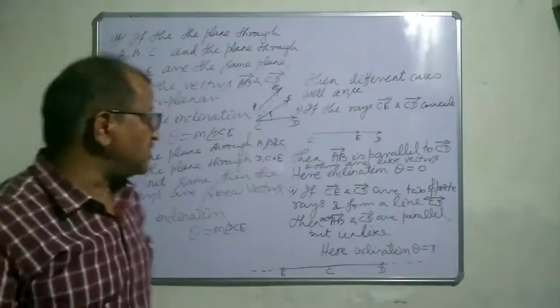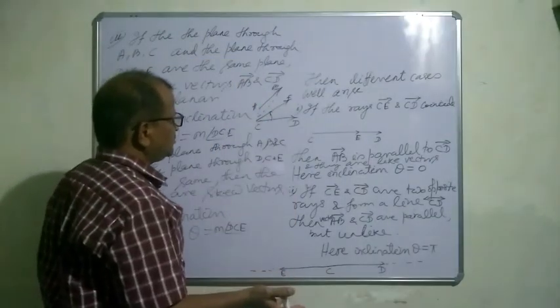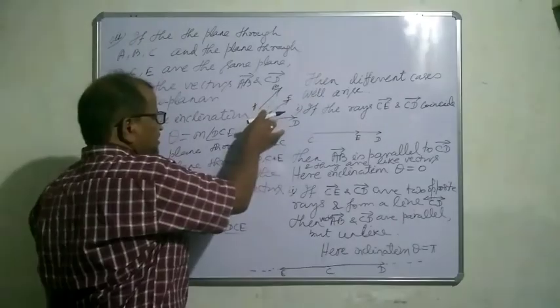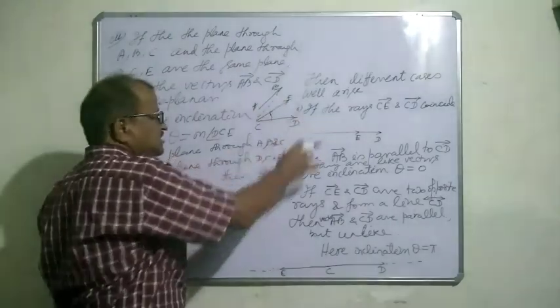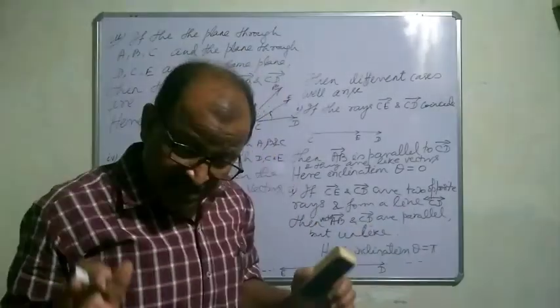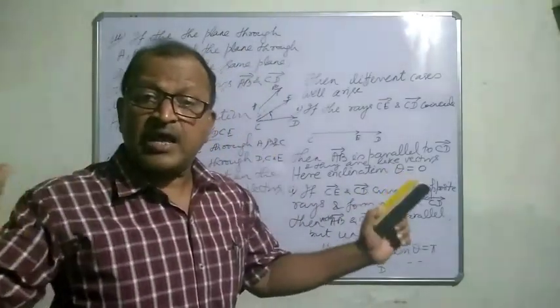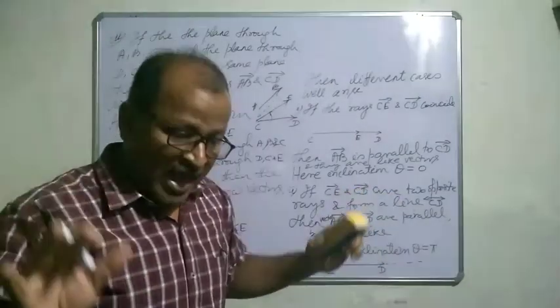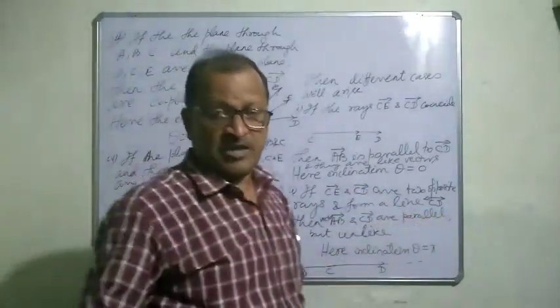So you only have to test. If they are the same plane, then the two vectors are called coplanar vectors. They lie on the same plane.